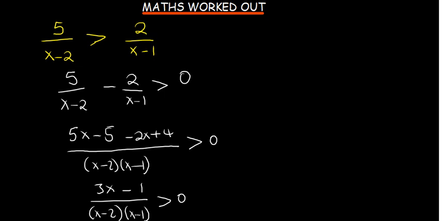If you reach this point, equate what is on top and what is down to 0. So if I equate what is on top to 0, what will we get? x is equal to 1 over 3. That's the first one.